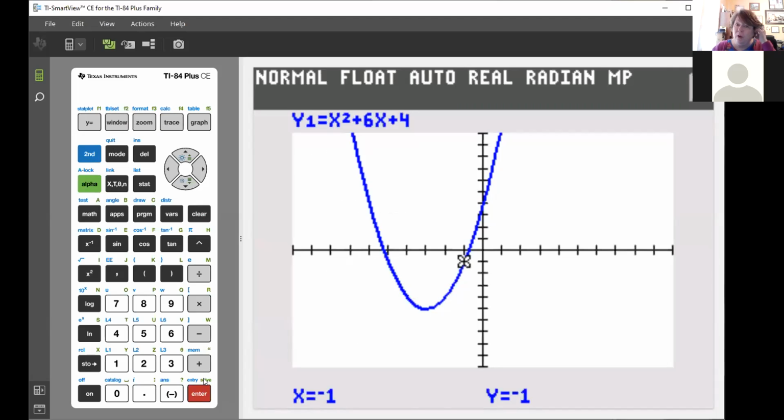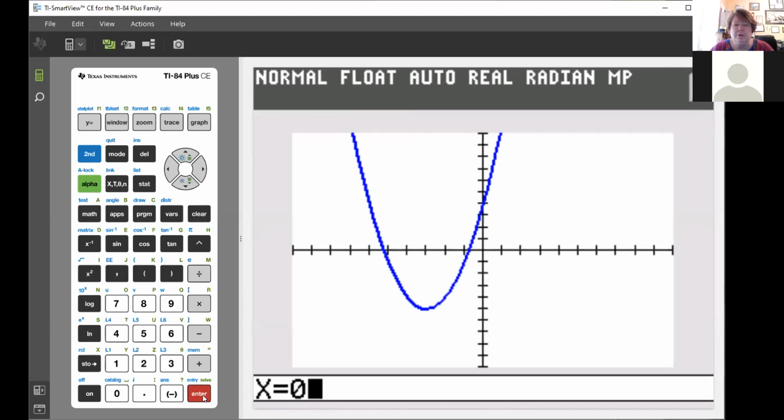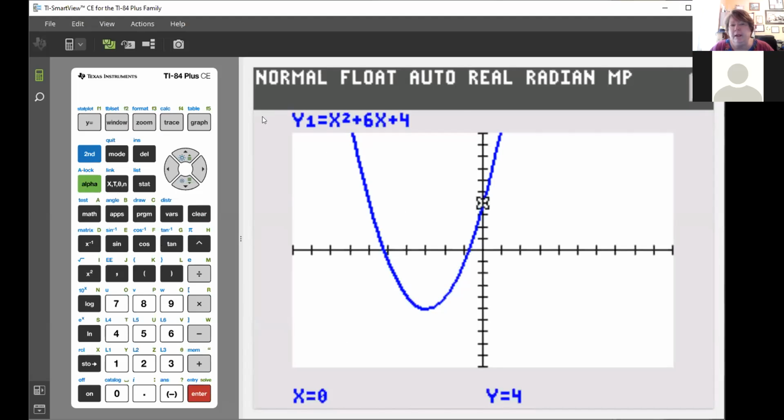So the point (-1, -1), as you can see the cursor blinking, is a point on the graph of this thing. Then we evaluated it at 0. So second, calculate, value, 0, enter. And sure enough, and by the way, it does tell me what function it's evaluating up here at the top. At x equals 0, y is 4.